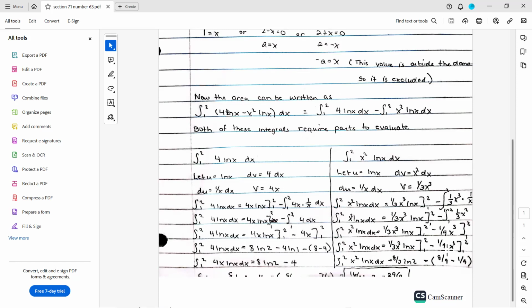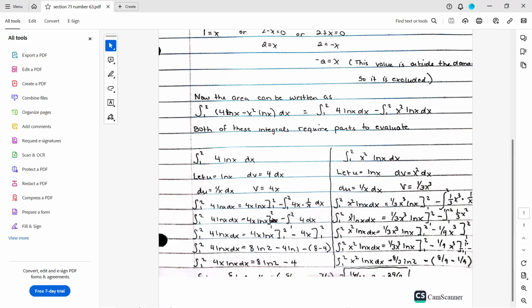Then I plug everything in and evaluate my integral. So if I plug in the 2, I get 8/3 natural log of 2 minus 1/3 natural log of 1. Remember, the natural log of 1 is 0. So that canceled. And then I have minus this, this middle minus next to the 1/9 is this minus that you see in front of the parenthesis.